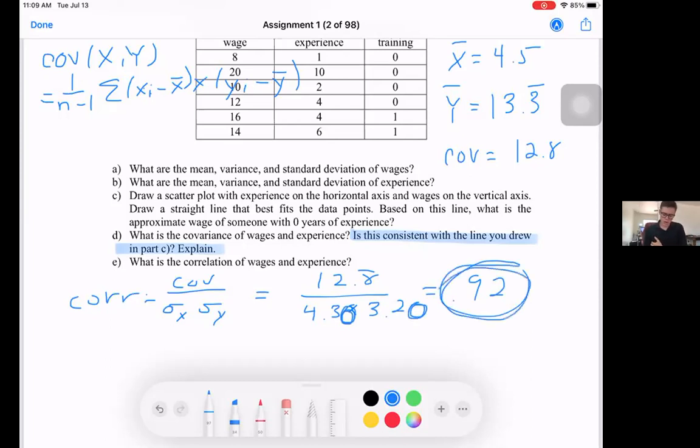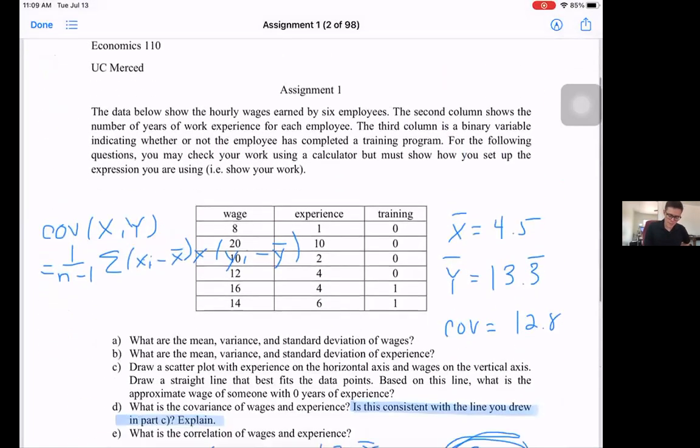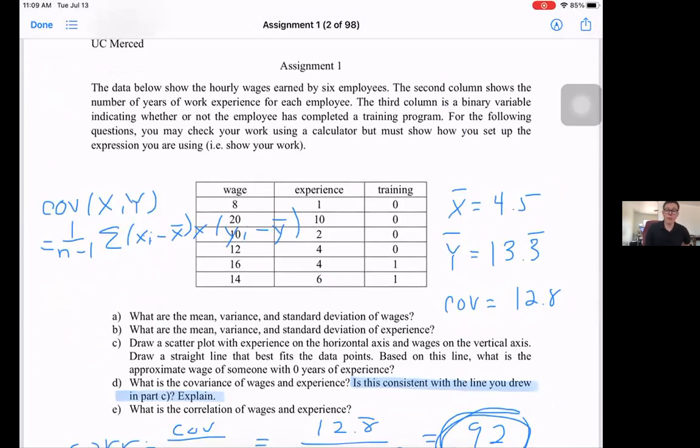So that's a pretty strong correlation. It means that there's not a lot of distance between the data points and the line that you're able to fit on that data. So that is the completion of this homework. So good job. I'm going to post that to be due on Thursday at 11:59. And it's already done, and you can review this recording.